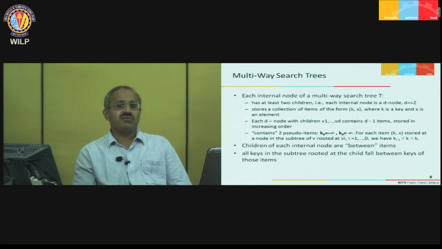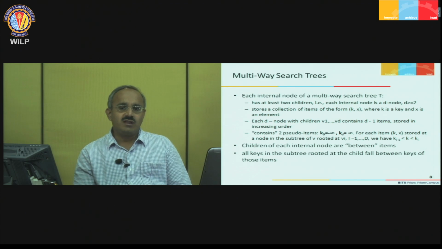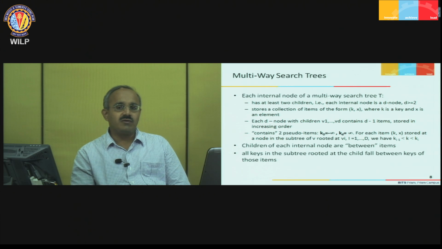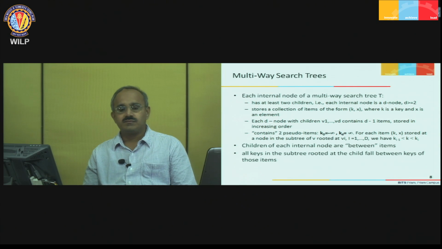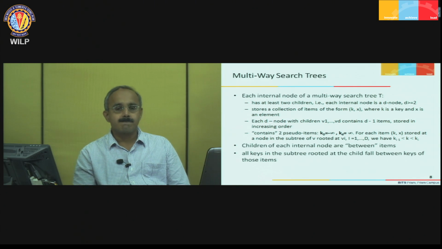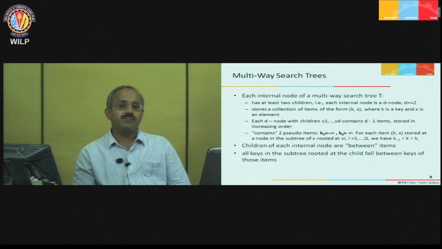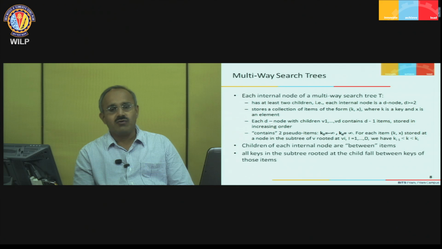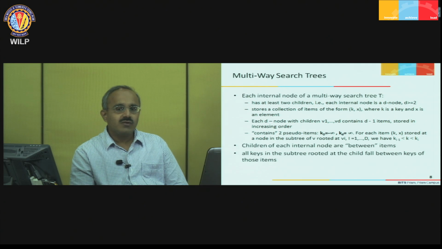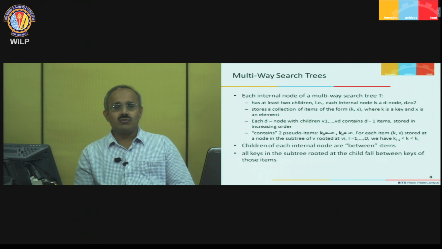We drop this restriction now, we allow more keys to be stored at one particular memory location. And similar to AVL tree, we also try to bound the height or maintain height of such a tree. So, multi-way search tree is one more solution to solving the problems faced by binary search tree.